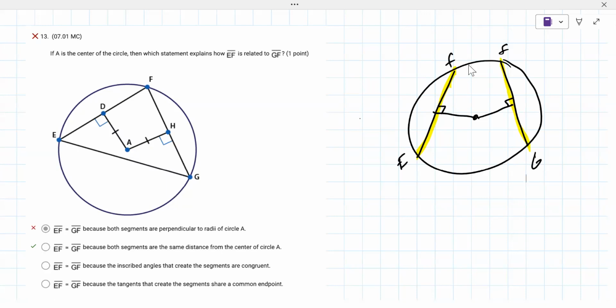But I think it makes sense now that EF and GF would be congruent because it'd be the same distance, since both AD and AH are congruent, which means they're at the same distance. Yeah, that definitely makes more sense.